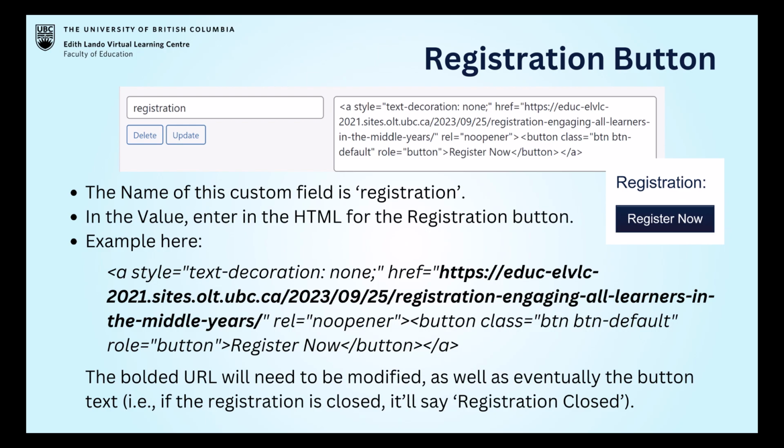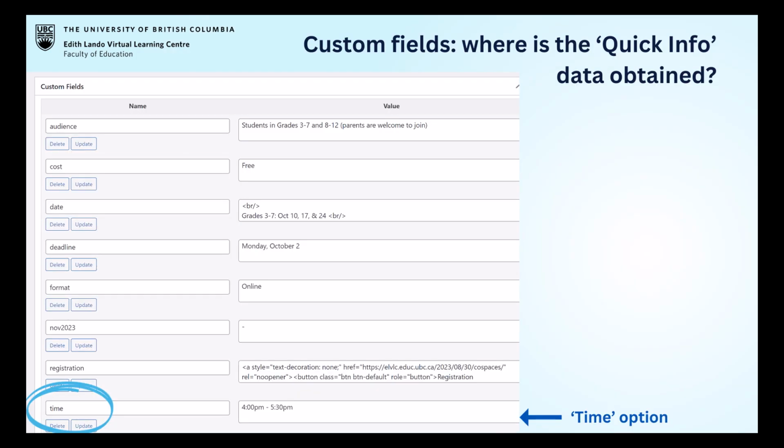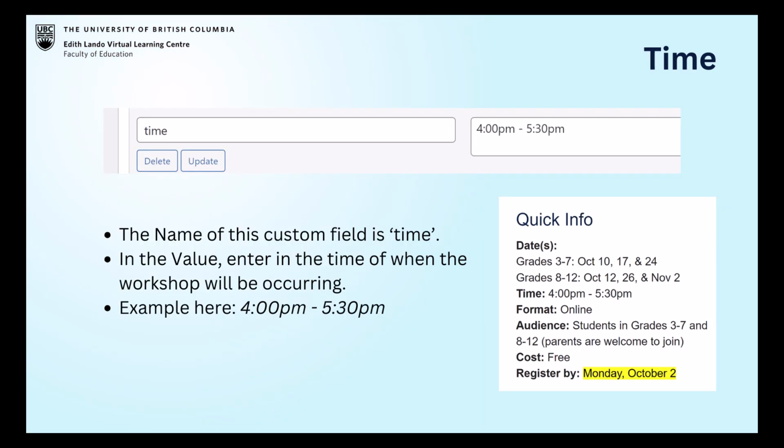You'll notice here in the example provided on the screen, it says register now. But if registration is closed, you can change the text to say registration closed. And at the bottom of the screen is the time option. In the value, enter in the time of when the workshop will be occurring.